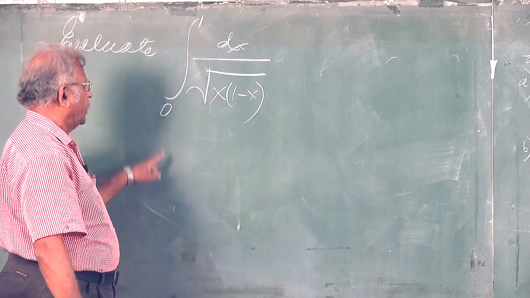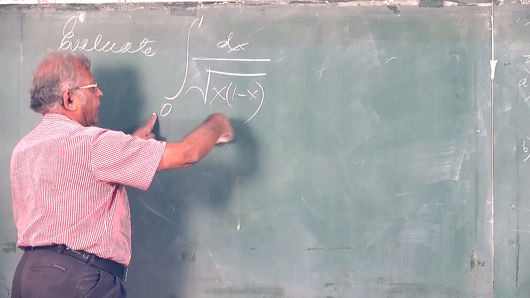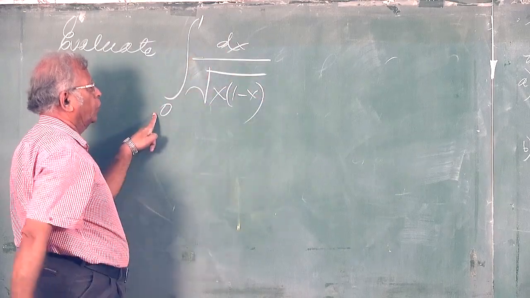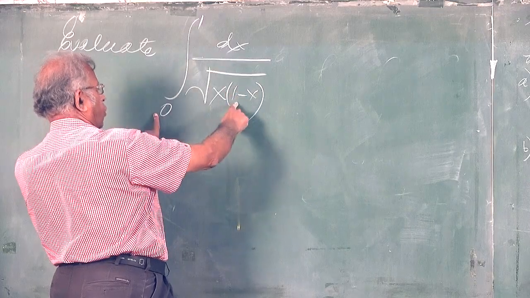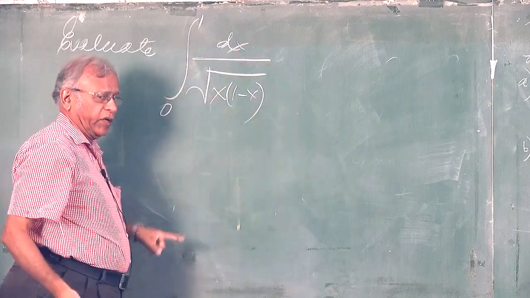Now very clearly at x equal to 0, this does not have a well defined value. At x equal to 1 also, this does not have a well defined value.